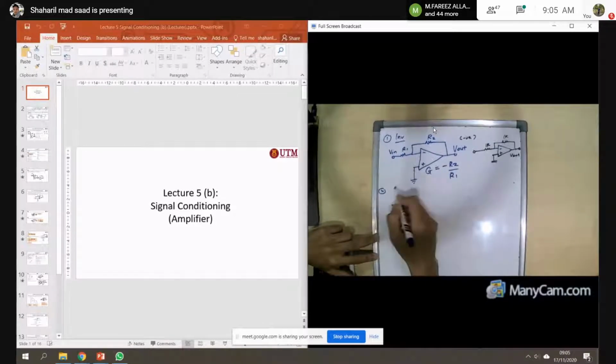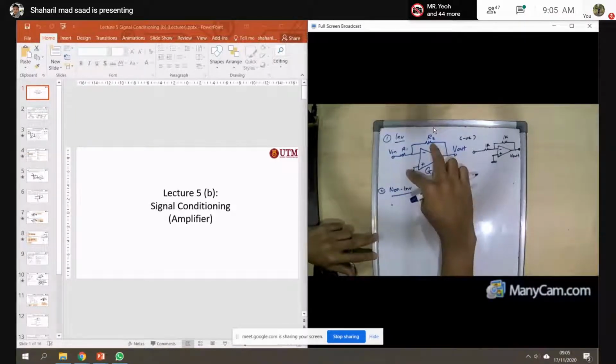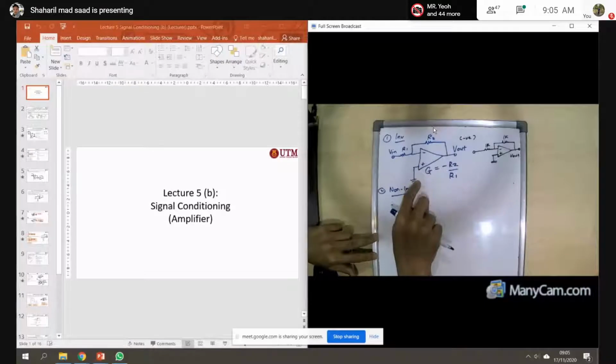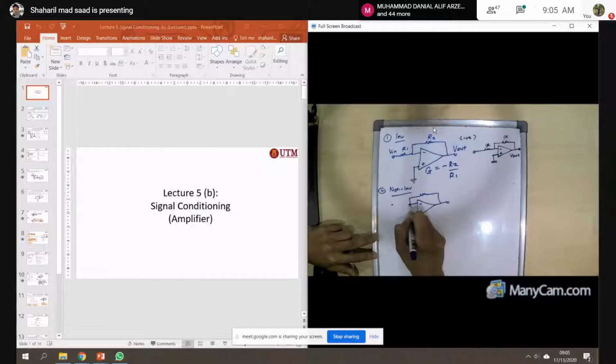And number 2, we have learned about non-inverting. It is the same circuit as this one, but you switch the ground and Vin, so it will be minus and plus. This one is Vin, the feedback resistor is maintained, and the other input is shorted to ground.